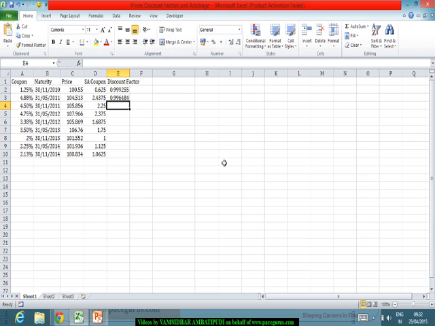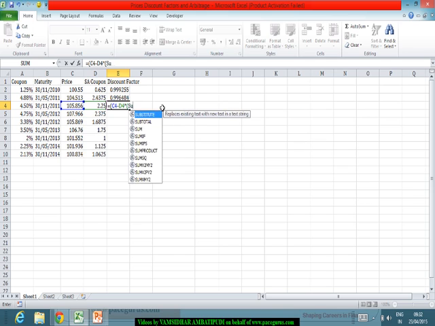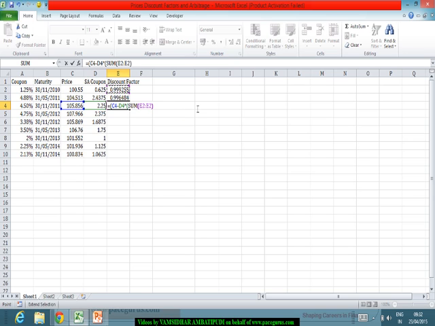So as a generalized formula, I can write the price minus the coupon amount times all the discounting factors from the first till the previous period. Here I am taking it from the first two periods.